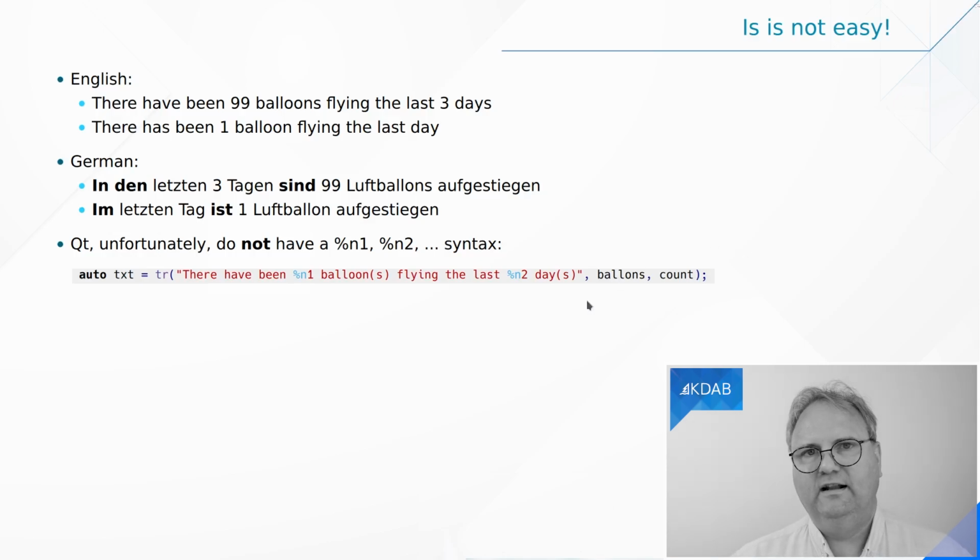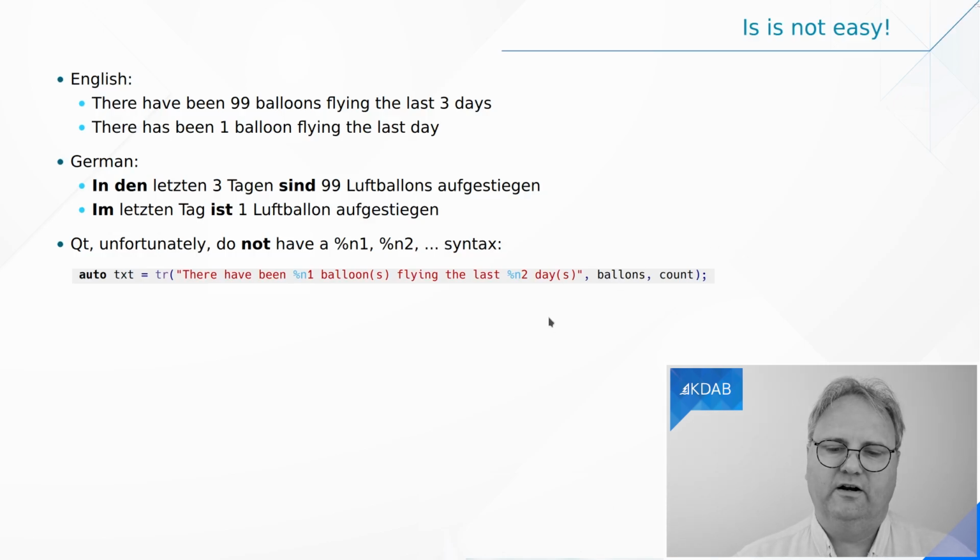So it's simply not supported. But usually you do not have these set up in your applications anyway. You would have a number of balloons or whatever, and your user interface wouldn't look like strings like this. Otherwise, just stay away from Nina and her 99 balloons flying around, and you'll be just fine.